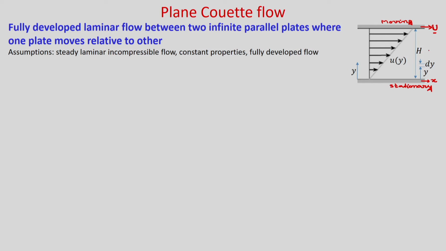So, in this scenario, you can see that the flow is taking place due to the shear. The upper plate is moving, so due to the shear, there will be a velocity inside the channel. This is known as shear driven flow, where the pressure gradient is absent in this particular case.